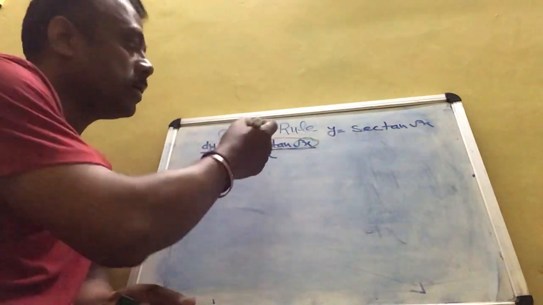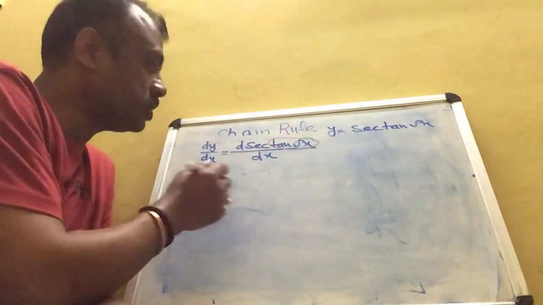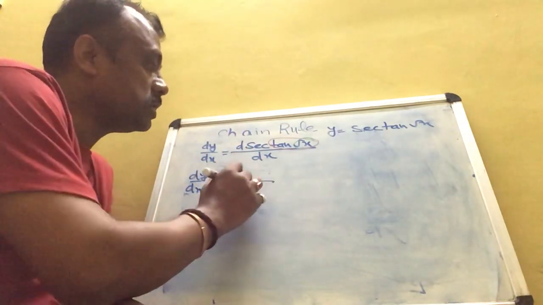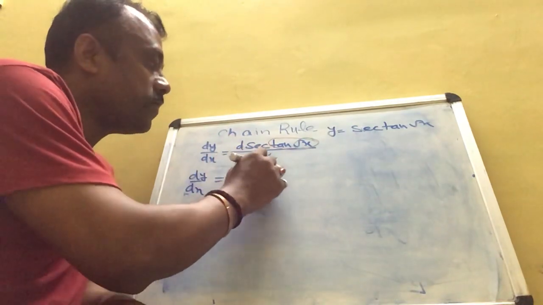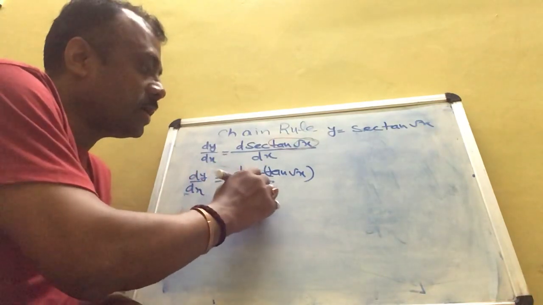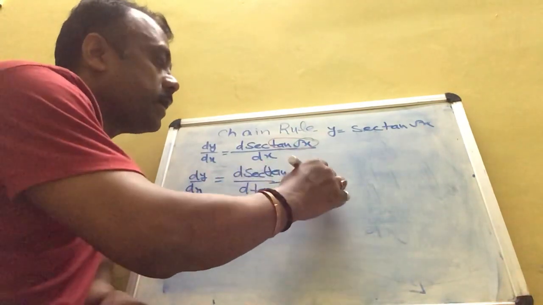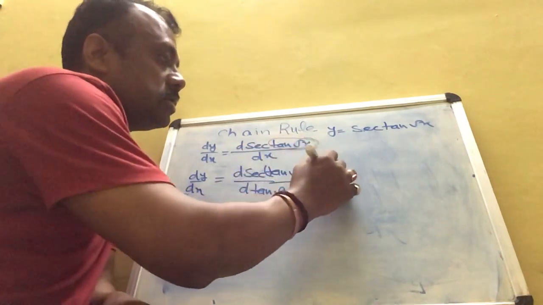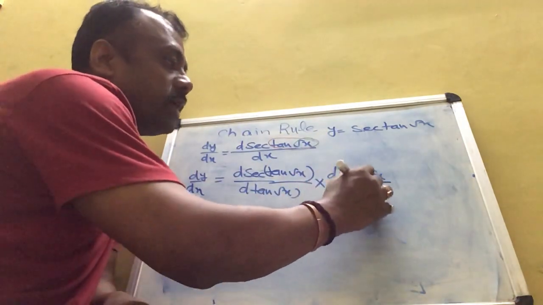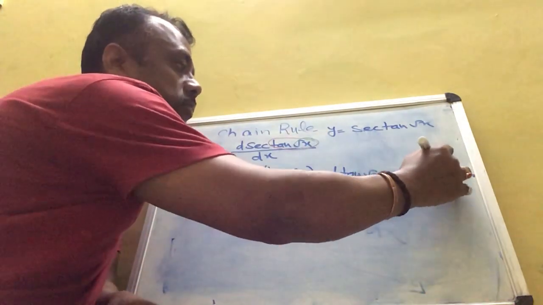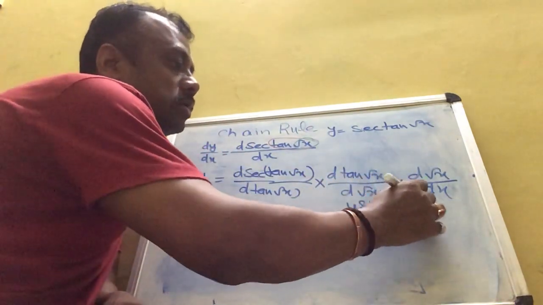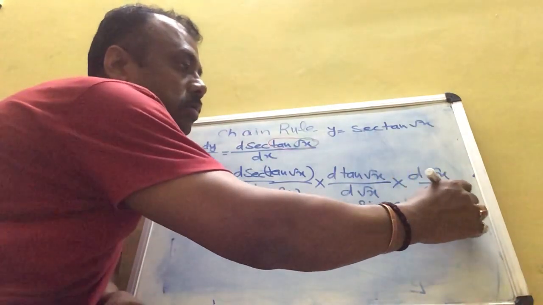So let us write it using the chain rule: dy/dx equals d of sec of tan of root x, which is a function of tan of root x, into d of tan of root x, which is a function of root x, into d of root x with respect to x, using the chain rule.